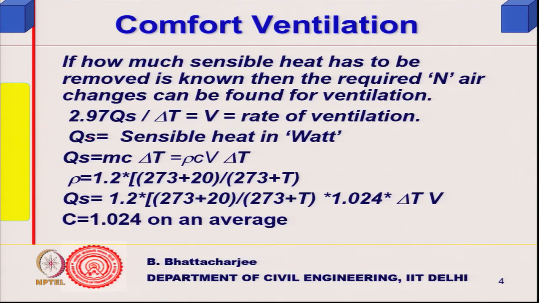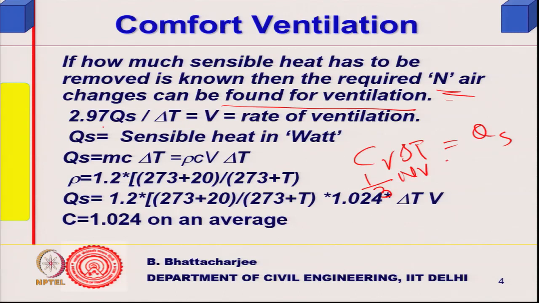This should be in meter cube per hour, then the required N air changes. So, what we are saying is CV delta T is equal to QS, and CV is roughly about 1/3 N into V. So, N into V delta T is equal to QS.